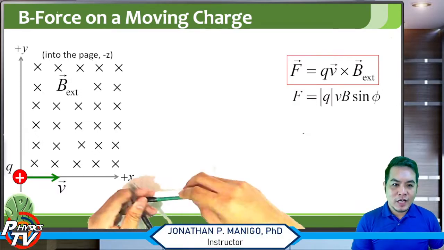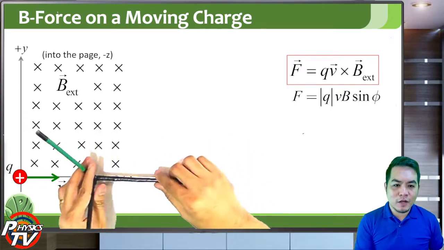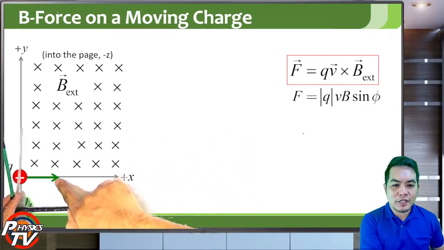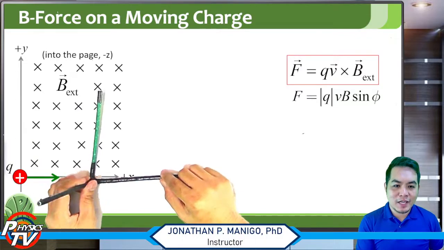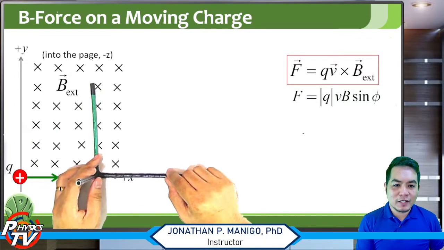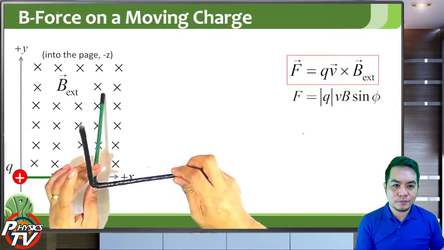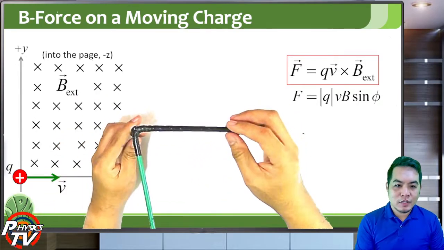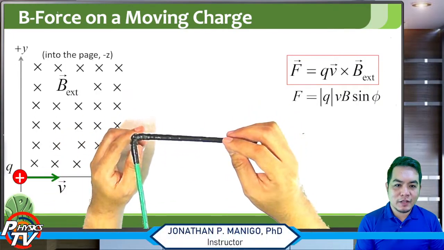In this case, the velocity of the charge is moving to the positive x-axis, and the external magnetic field is into the page.